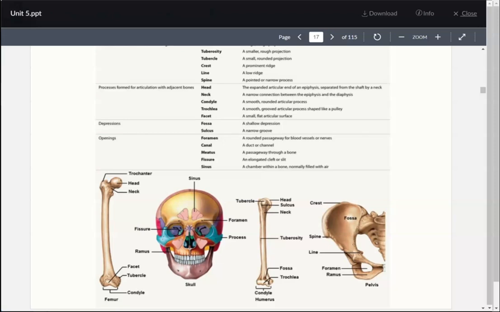So sitting down and studying them, having a chart somewhere that you can look at, flashcards, having visual examples of them is going to be very, very useful, because when we are talking about bone muscles and their attachment points, when we are talking about this condition or that condition, and we talk about condyles or tuberosities or meatuses, we assume you know what they are. Are they a rounded bump? Are they a canal? Are they a hole? So you do need to be aware of these.